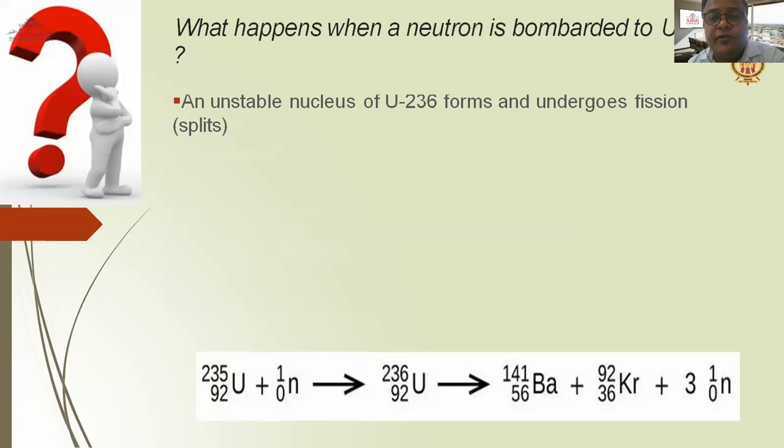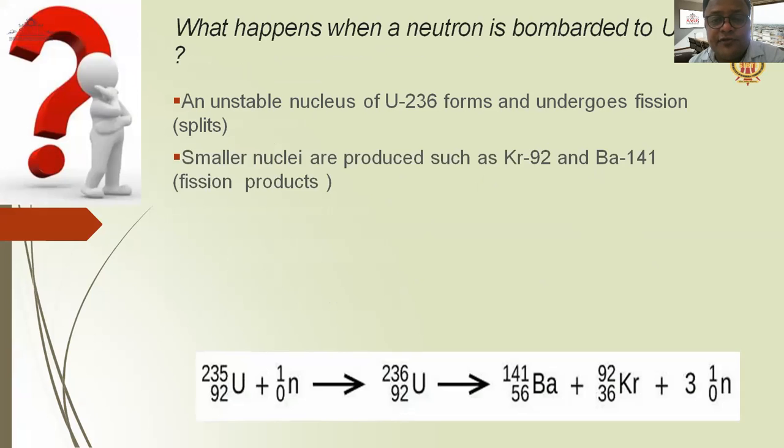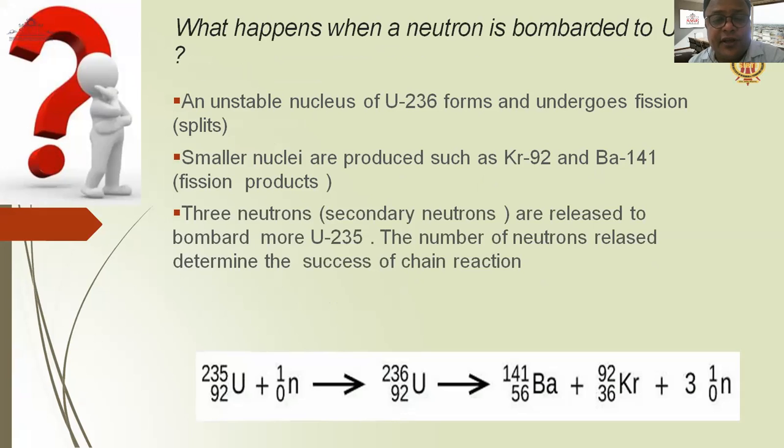What happens when a neutron bombards uranium-235? An unstable nucleus of uranium-236 forms and undergoes fission. Smaller nuclei are produced, such as krypton-92 and barium-144 as fission products. Three secondary neutrons are released to bombard more uranium-235. The number of neutrons released determines the success of the chain reaction.